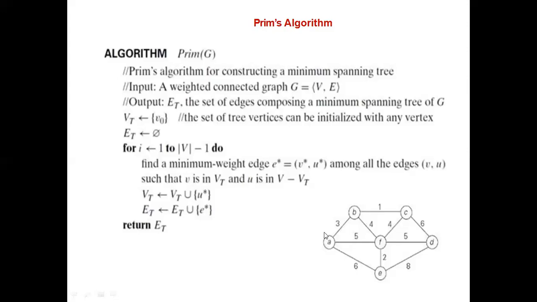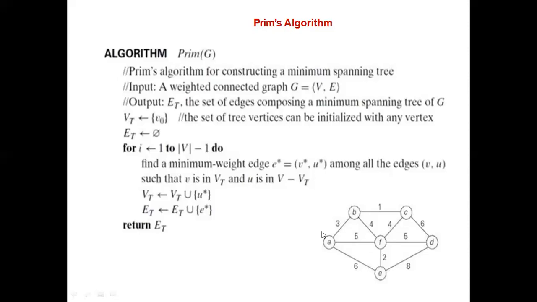So in the beginning, I have arbitrarily selected A. In that case, my V star is A. And what is there in U? Remaining all vertices are present in V minus V T. V T has only one vertex A and the remaining vertices will be in V minus V T. So any edge which connects A with any of these vertices, that you should select.